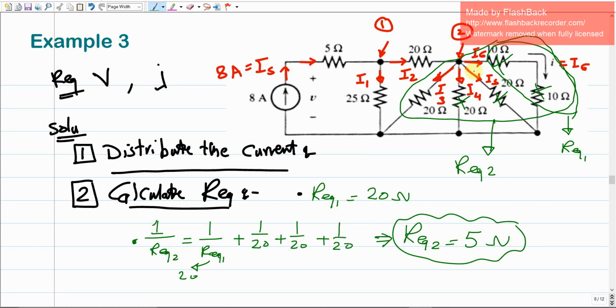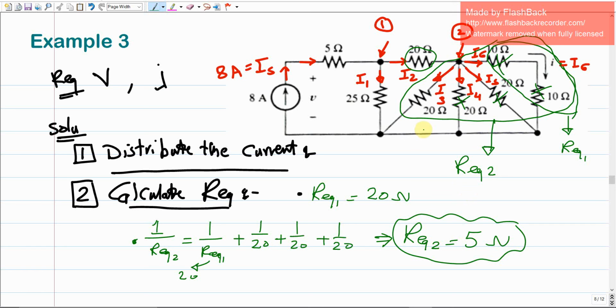If we combine all of these, the total current passing over this equivalent 5 ohm will be I2. So what does it mean? It means that the 20 ohms with the equivalent of this resistance should be in series.